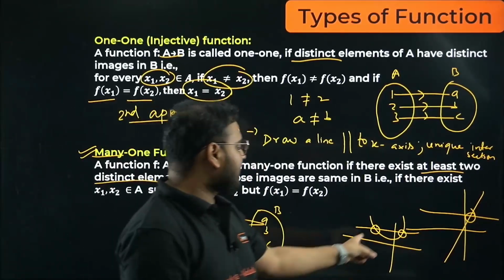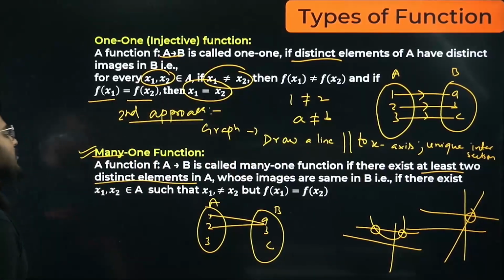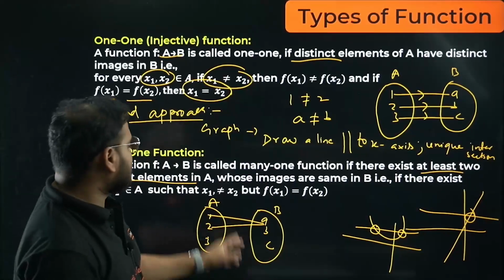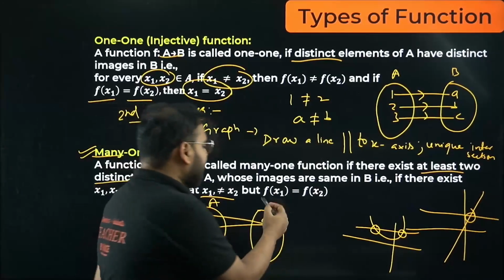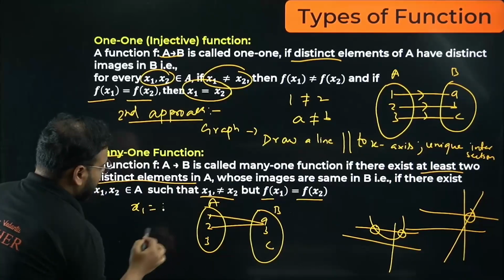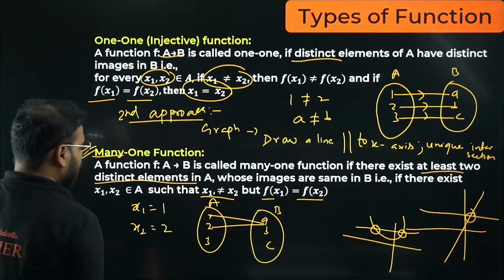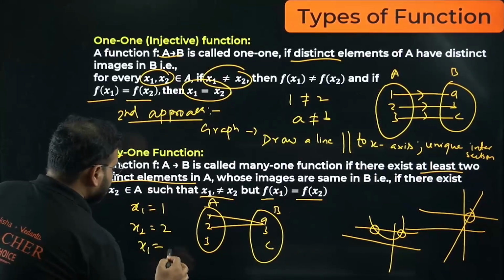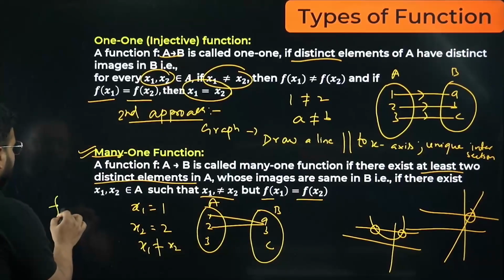Is it clear? The graph will have more than one intersection. What about the algebraic approach? Whenever you take x1 not equal to x2 and you get f(x1) and f(x2) equal. Check this out. If I take x1 as 1 and x2 as 2, is x1 equal to x2? No, 1 is not equal to 2. But what is f(1)?